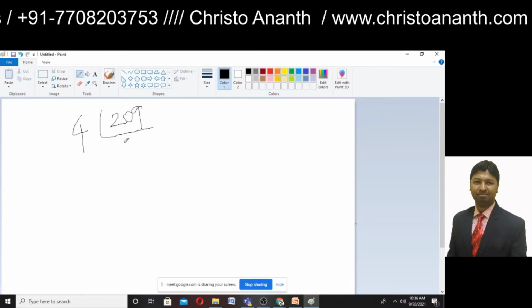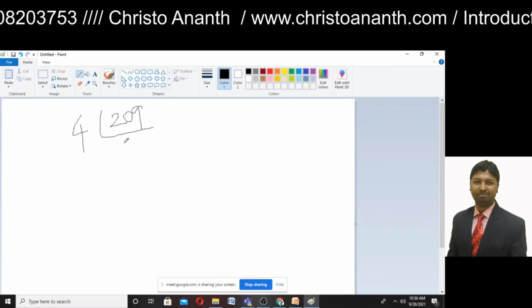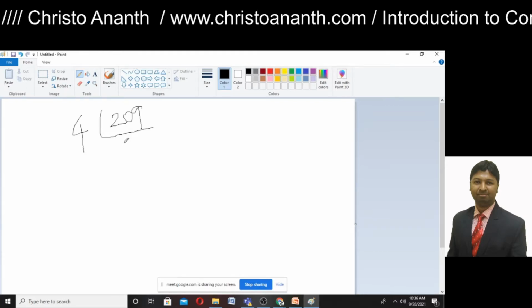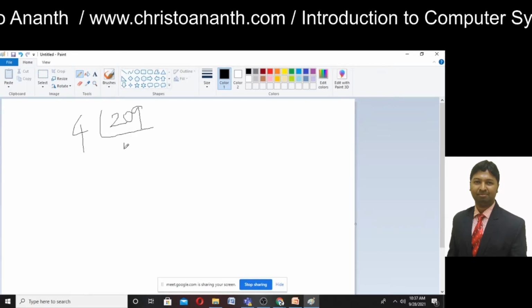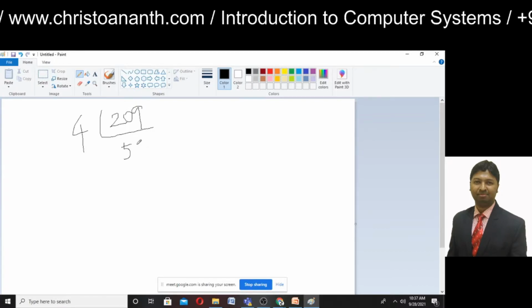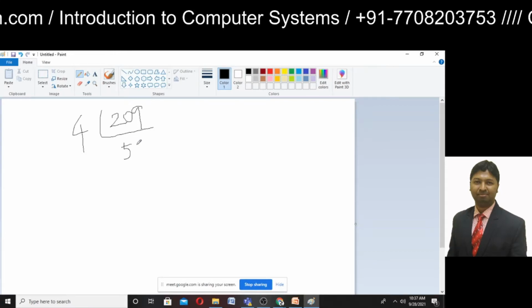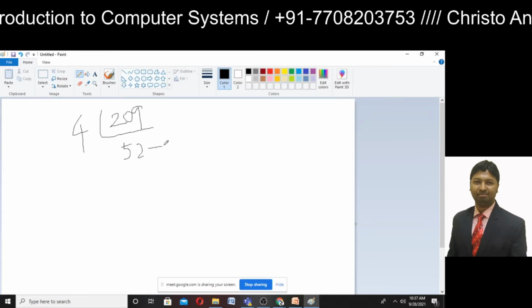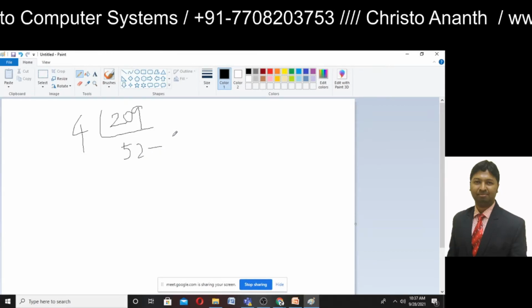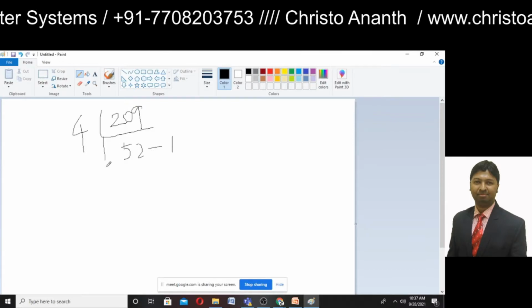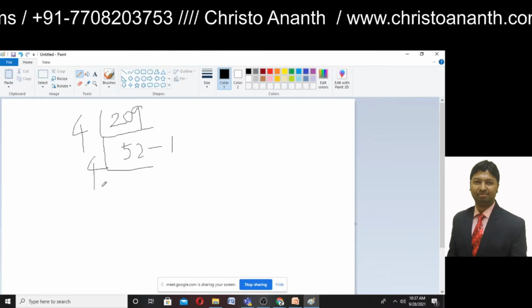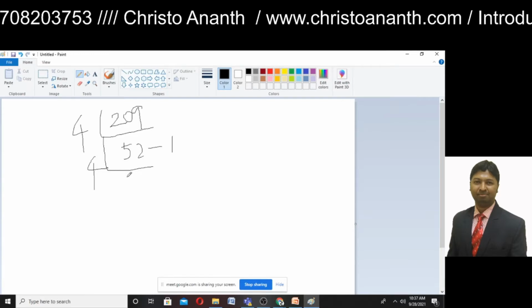You divide it by 4. What do you get? 52, remainder 1. Then 52 divided by 4 is 13, remainder 0. 13 divided by 4 is 3, remainder 1.